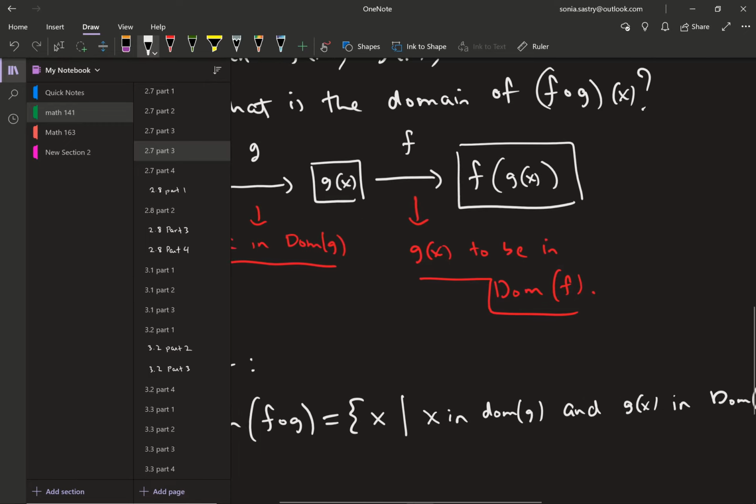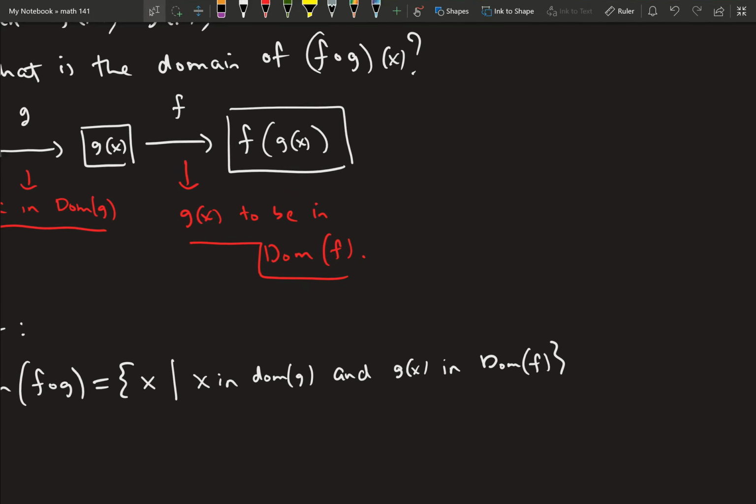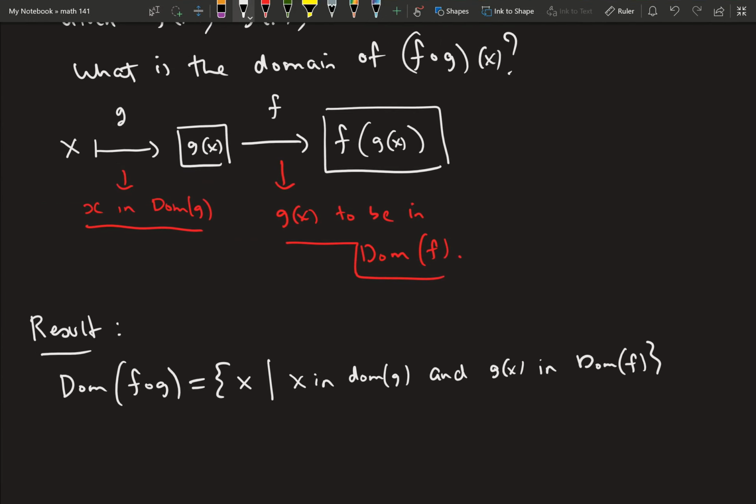That's literally what we want. We want x to be in the domain of g, and we also want g of x to be in the domain of f.